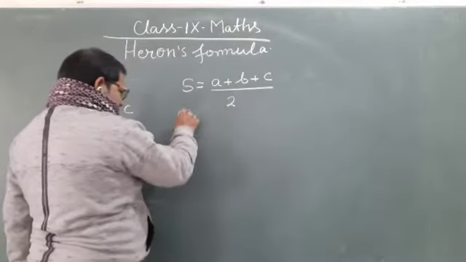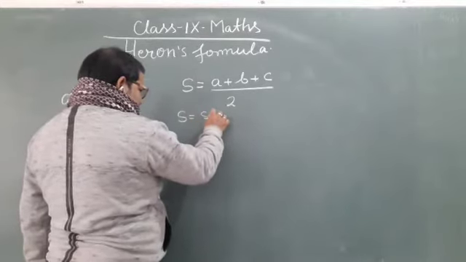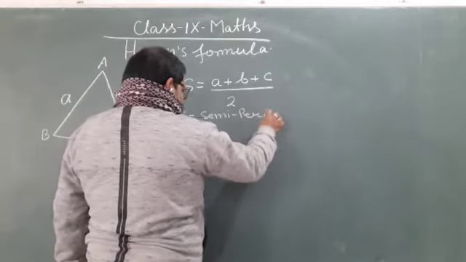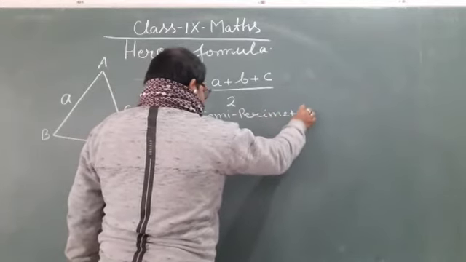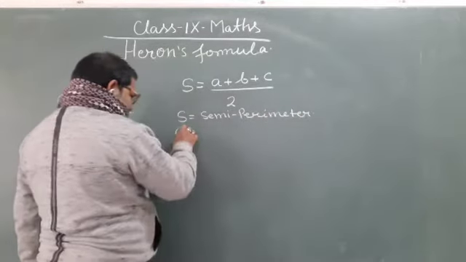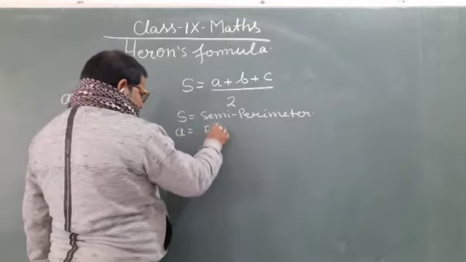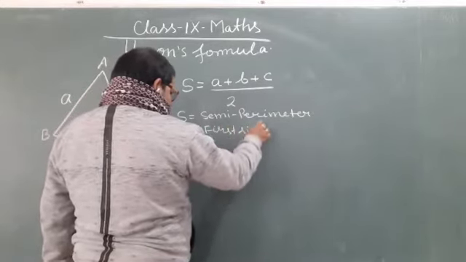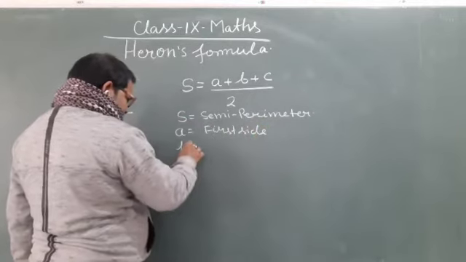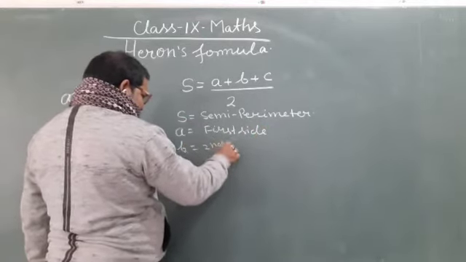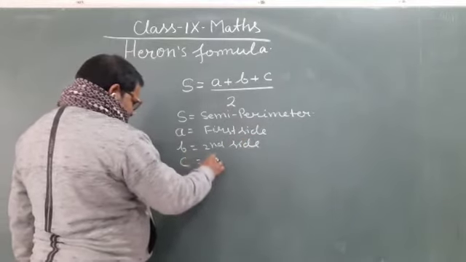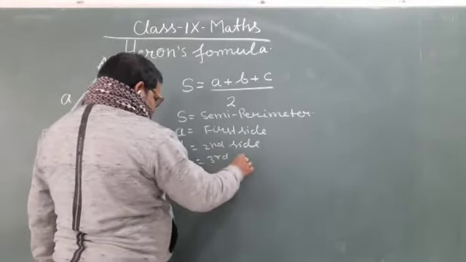S equal to semi-perimeter, and A first side, B second side and C third side.